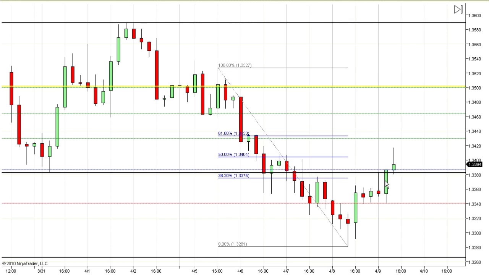And similar story to the euro yen. I've taken the fibs from what I see as the start of this most recent move down. The way I've identified that is price was at this level at previous week's high. It's moved down to there, and then this part of the chart has been sideways price action.